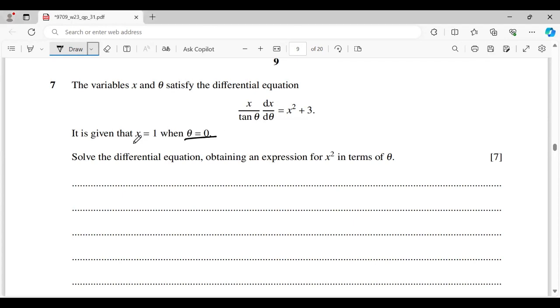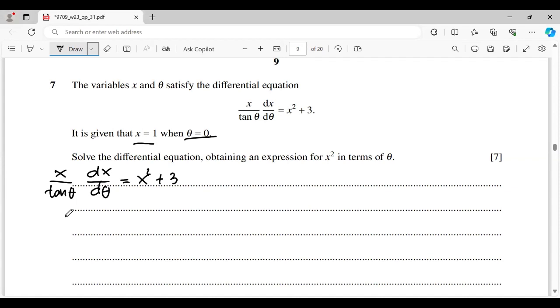Solve the differential equation, obtaining an expression for x squared in terms of theta. So the equation is x over tangent theta dx d theta equals x squared plus 3.